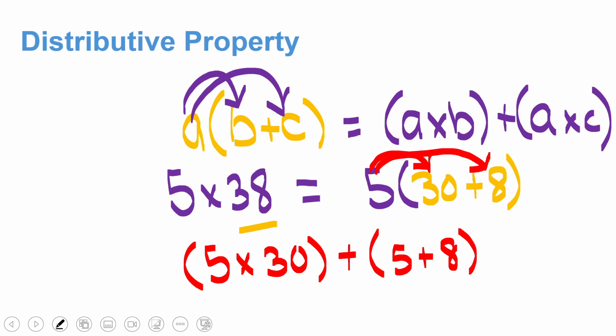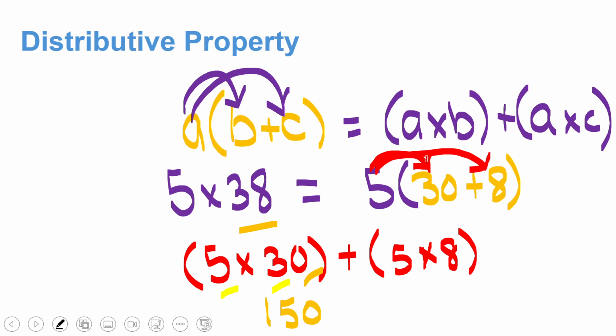And here we're back to, because of the nature of the distributive property, we can mental math. 5 times 3 is 15, and we place the 0 for the 30 from our factors, just like we did a few slides ago. So we can mental math 5 times 30 at 150, and then we're adding 5 times 8, and that should be a multiplication sign right here.